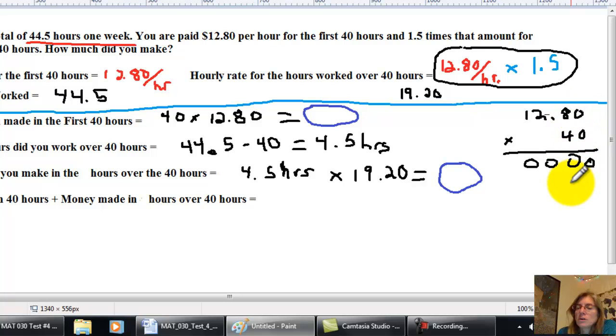Then you have 4 times 0, which is another 0. 8 times 4, which is 32. Carry that little 3. 4 times 2 is 8, plus 3 is 11. 4 times 1 is 4, plus that 1 is 5. So you add 0, 0, 2, 1, 5.